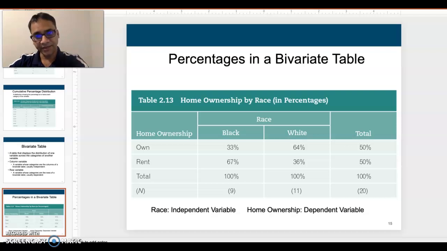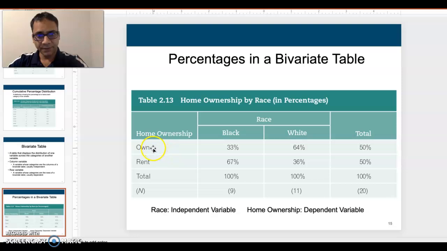So the race may determine the type of ownership. Is it an owned house or a rented house? In the rows you can see the home ownership, and the vertical columns are races. So this is how it looks.